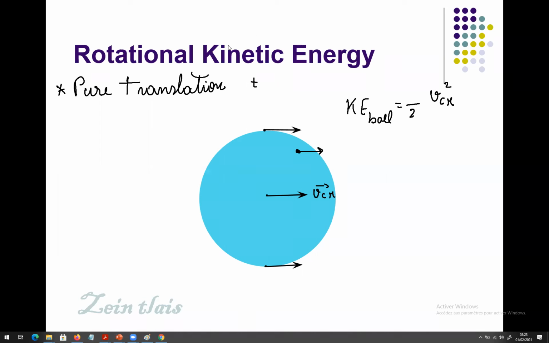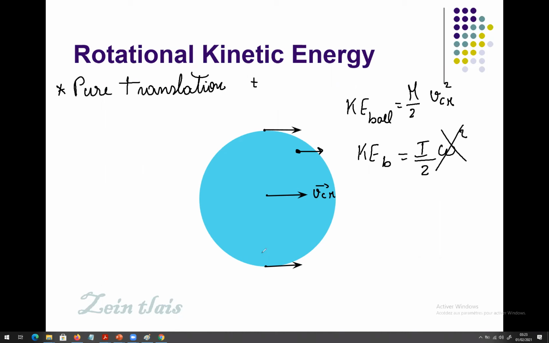Here we have capital M. And here we have only translational kinetic energy. We don't have rotational kinetic energy. Kinetic of the ball, we don't have I because we don't have omega. We have only translation, okay?